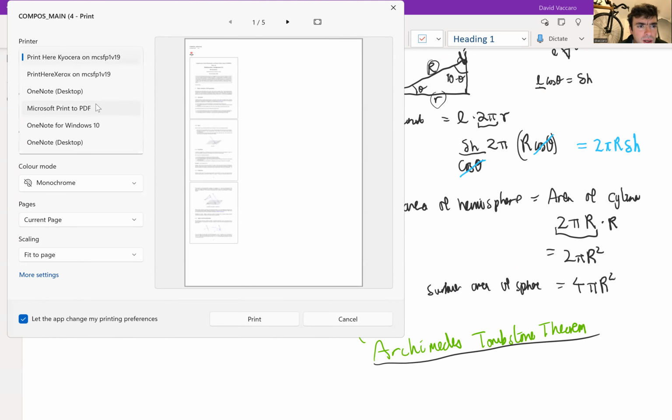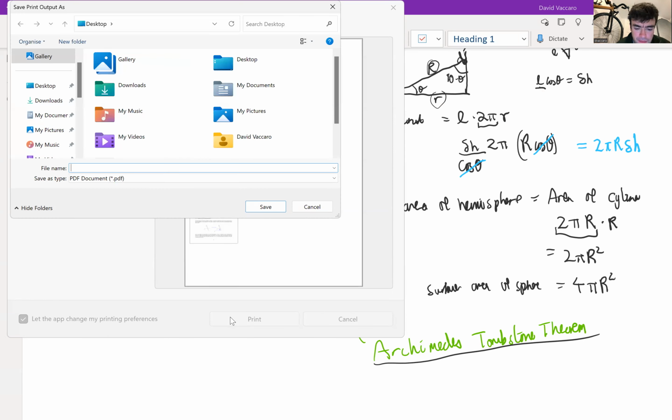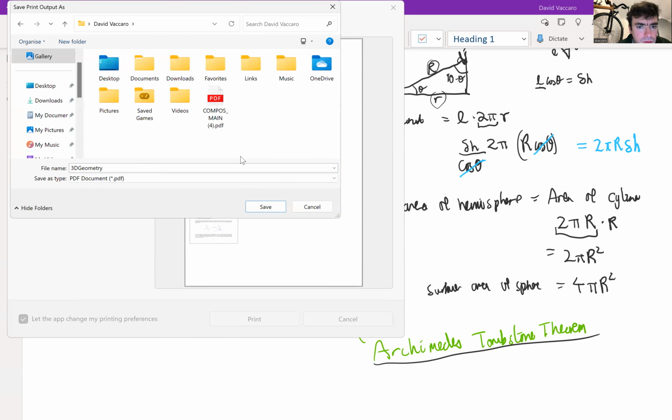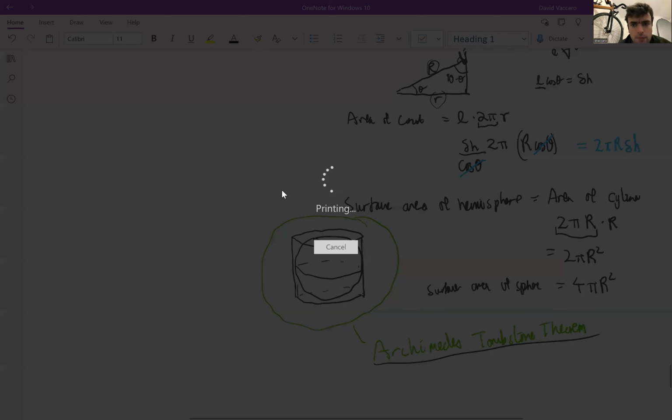So I'm going to do Microsoft Print to PDF. There we go. I've done that. Any other final comment? And I'll send that to Vlad and he can pass that on to you. Any other final comments?